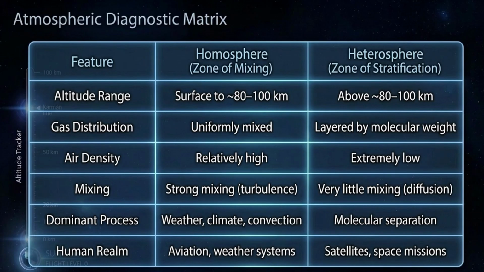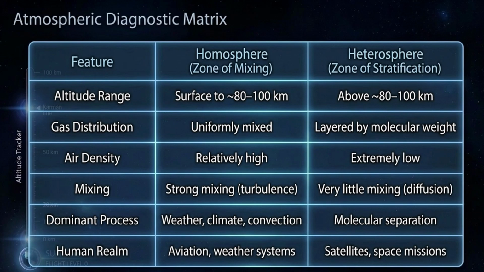Fourth is mixing. Strong mixing due to turbulence and convection occurs in the homosphere. In the heterosphere, there is very little mixing and diffusion becomes more important. The dominant processes are also different. In the homosphere, we mainly observe weather, climate and convection, whereas in the heterosphere, molecular separation becomes the dominant process.